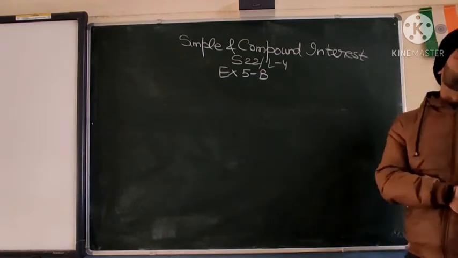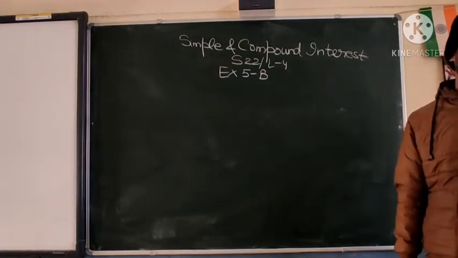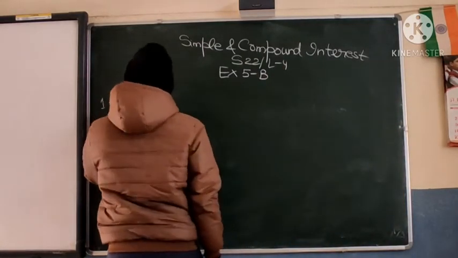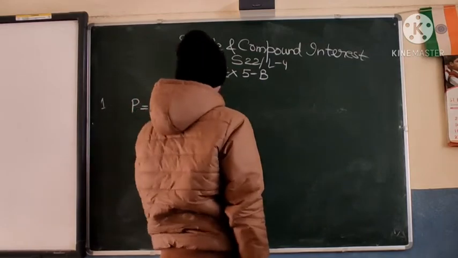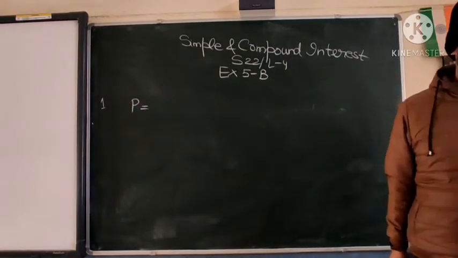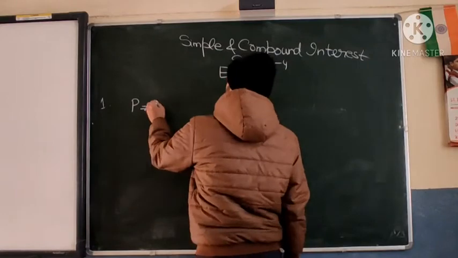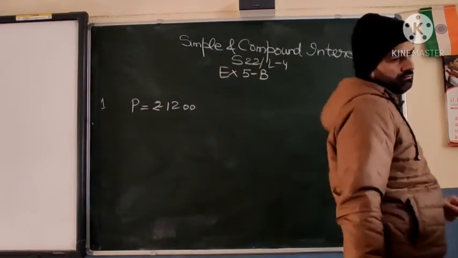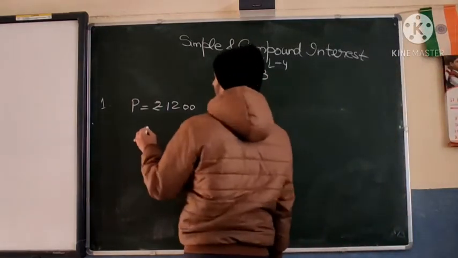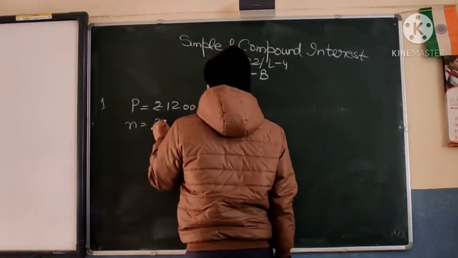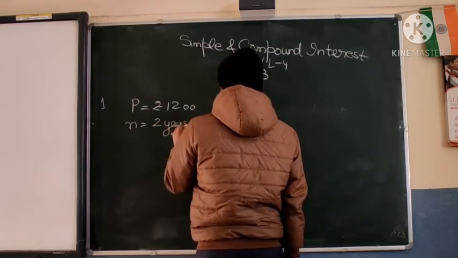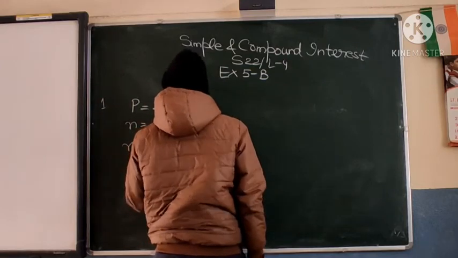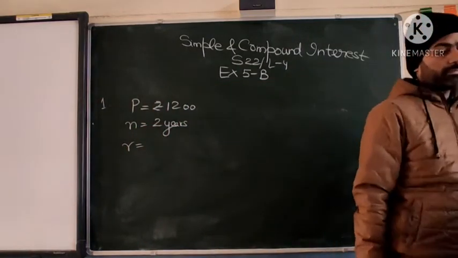Calculate the amount and compound interest. It is given that the principal is rupees 1200, time is 2 years, and the rate of interest is 5%.